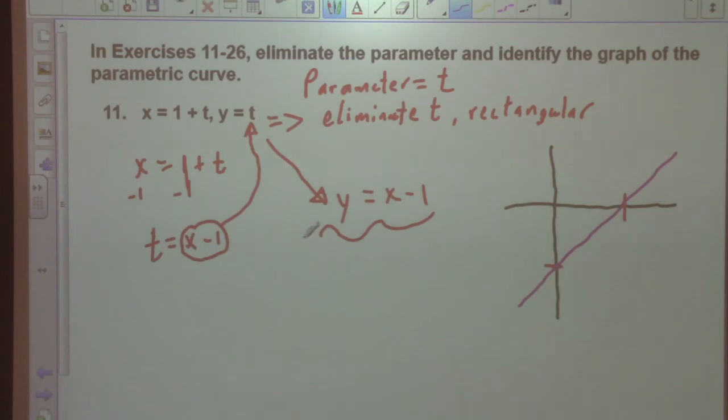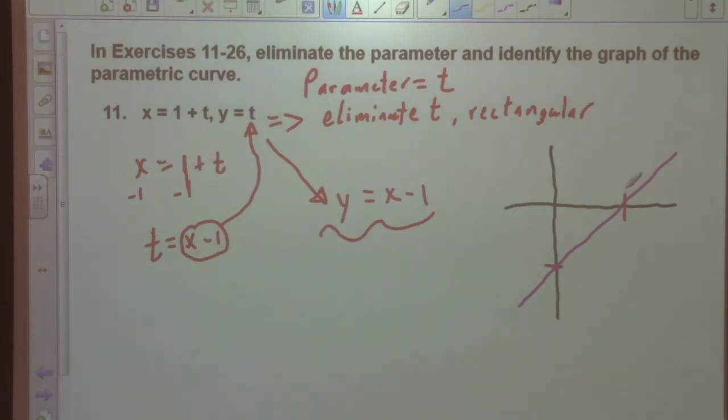And the last thing we can look at is the time. In what order of time is this going to be? Well, if we plug in 0 for t, x is going to be equal to what? 1. So that would be right here. If we plug in 1 for t, what is x going to be equal to? 2.